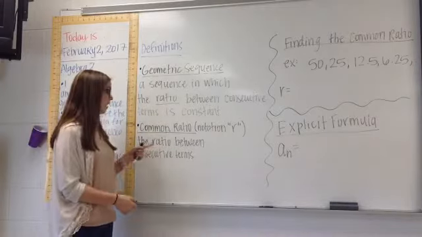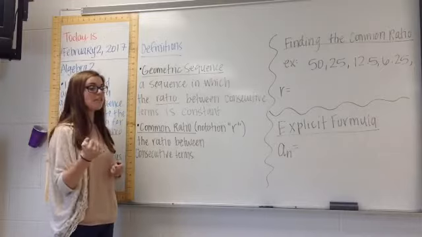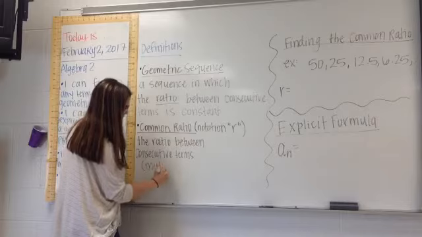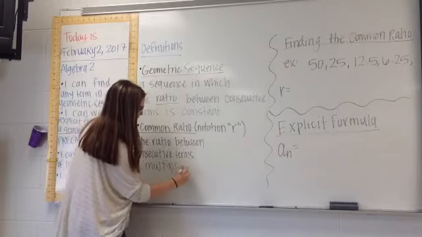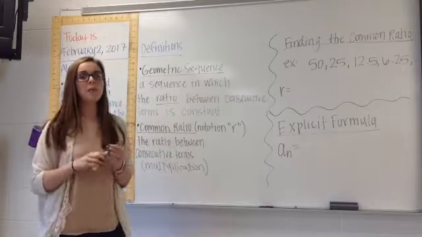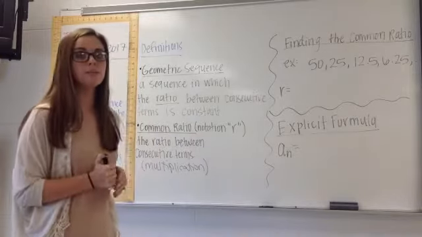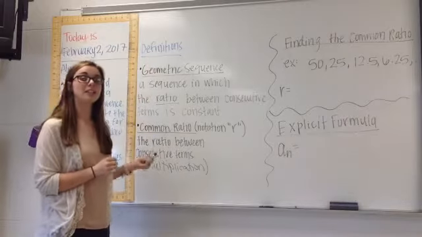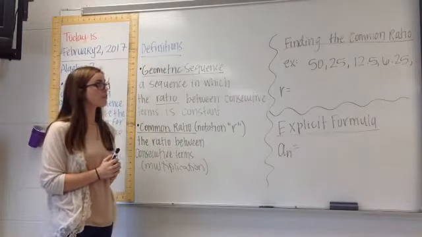But in this case, it's the common ratio between consecutive terms. And what that means is that it's going to be multiplication. We aren't going to use division for any of our patterns. So everything we write will be in terms of multiplying. So if you need to pause the video to get these written down, go ahead and do so.